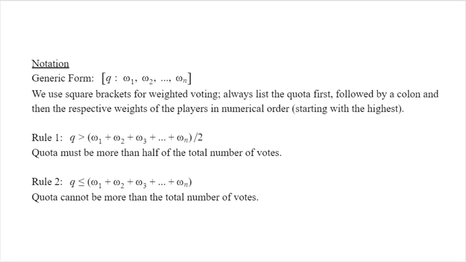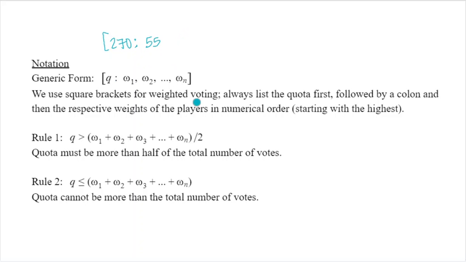Okay, so if we were looking at the presidential election and the electoral votes, the quota is 270. You need 270 votes to win. We would put however many electoral votes California has, which I believe is 55.